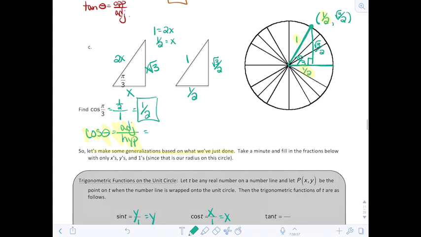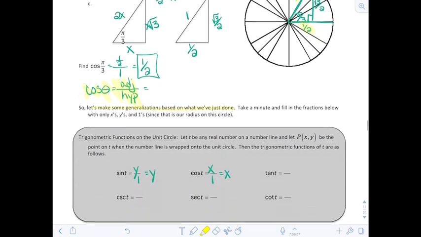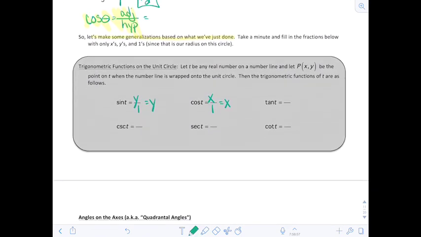When we look at tangent, we know that tangent is the opposite over the adjacent. So when I'm looking at theta, it's always going to be the opposite over the adjacent, and that is always going to be my y coordinate over my x coordinate. So I can say, in general, the tangent of t is y over x.